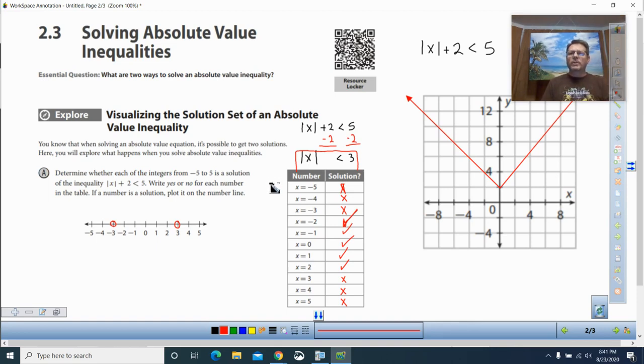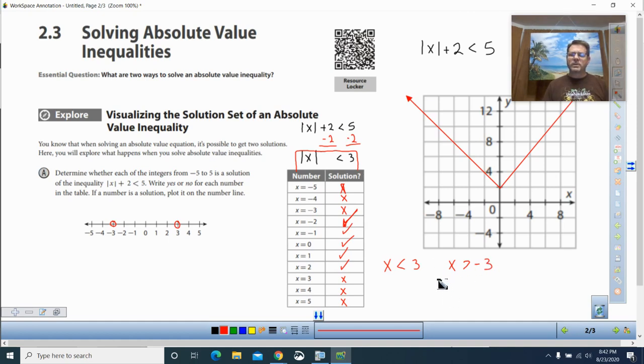But with the inequality symbol, if you were going to write this twice, you would write it one time with the less than symbol. And then when you put the negative on, wouldn't that make it flip the arrow too? So what would that look like? Well, it would look like this: x is less than 3, x is greater than negative 3.